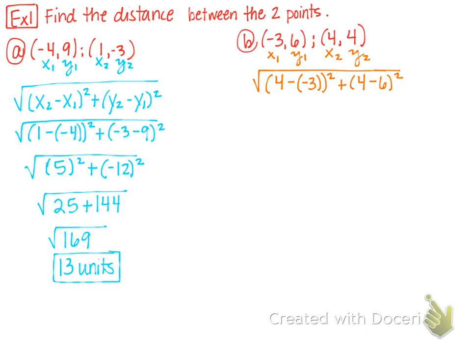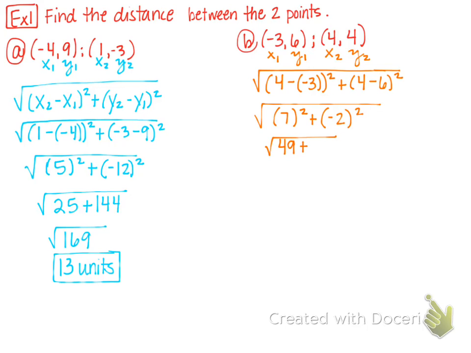So, first thing we've got to do is take care of inside of these parentheses. Big square root. 4 minus a negative 3, that's 4 plus 3. So we have 7 squared plus, and then 4 minus 6 is negative 2 squared. So, 7 squared is 49.